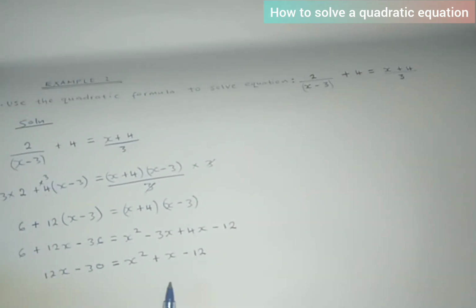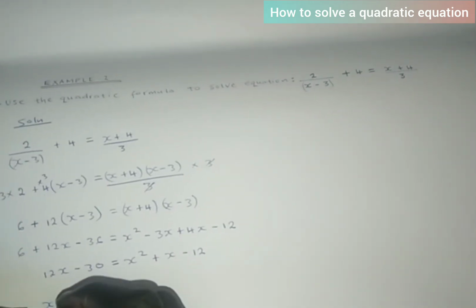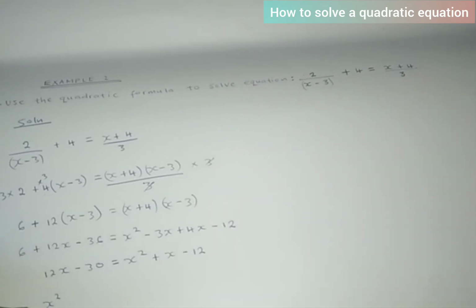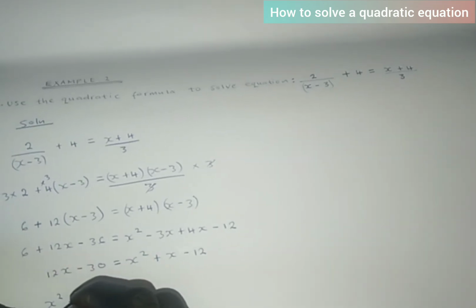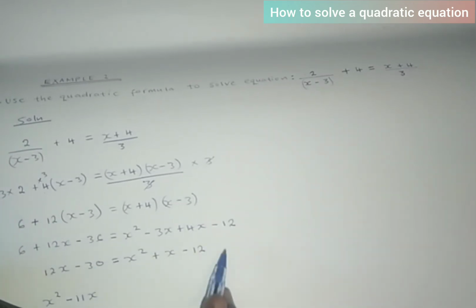So if we take all these to the other side, it will form a quadratic equation. So x squared minus 11x, then if we bring negative 30 here, it will be positive 30.